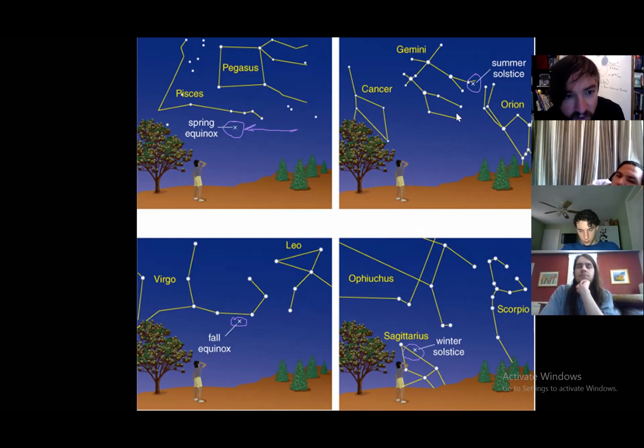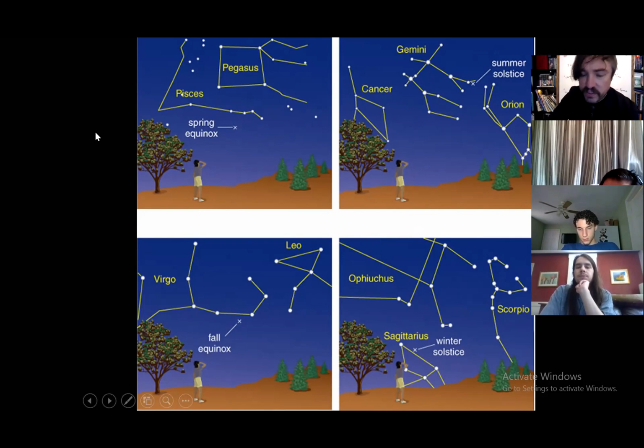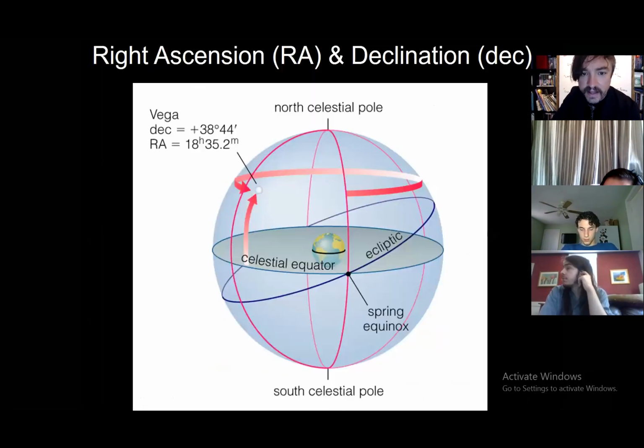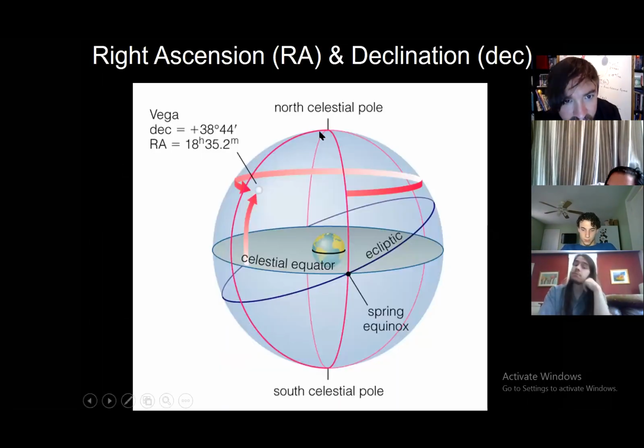I can base my coordinate system off of this if I want to, and I want to, okay? So for instance, here's our star Vega, and the star Vega has a right ascension of 18 hours and 35 minutes. I don't like the way your book wrote that here.